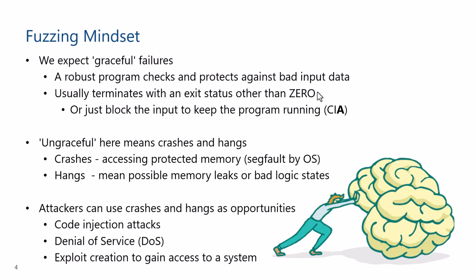You don't want that. A hang could be a possible memory leak, or maybe the logic in your program is all screwed up because the input did it and it's just sitting there and doesn't know what to do. Now, we want to fix them as developers. We want to make sure things keep going. But here's the thing: attackers can use these crashes and hangs as opportunities. They could do things like code injection attacks or denial of service, DOS.